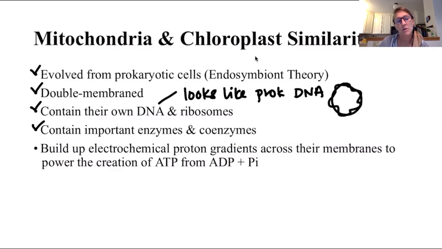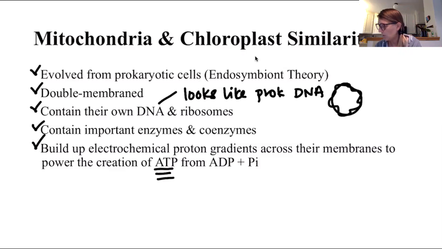Something that's going to be really important is that they both build up electrochemical proton gradients across their membranes. We're going to see how the energy stored in those electrochemical gradients will power the creation of ATP from ADP and Pi.